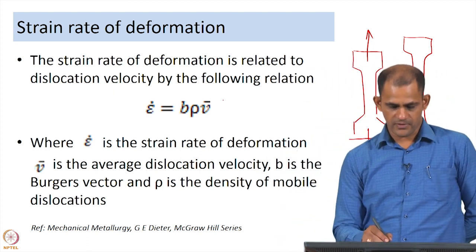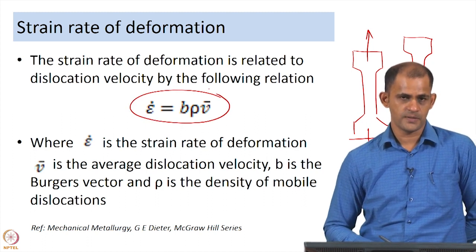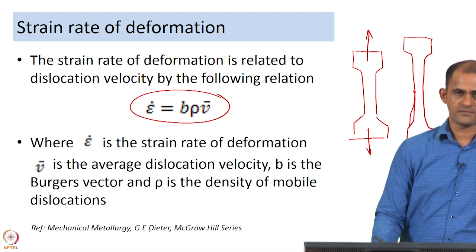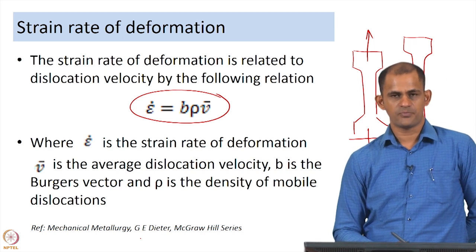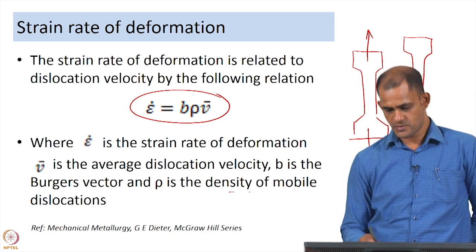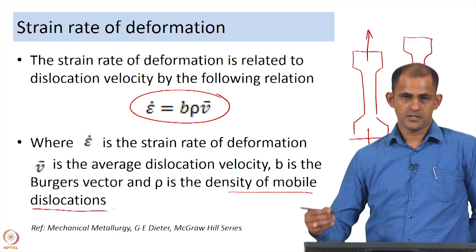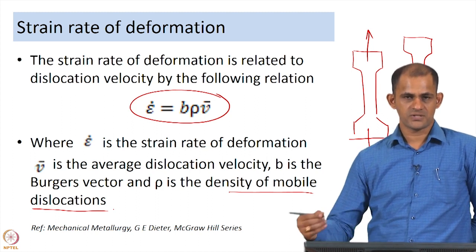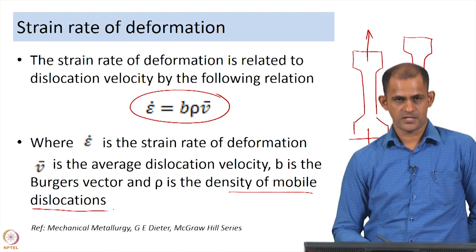The strain rate of deformation is given by the following relation: epsilon dot is equal to b rho v bar. Here v bar is the average dislocation velocity, b is the Burgers vector, and rho is the density of mobile dislocations. It is important to note this point, it is the density of mobile dislocations, because this deformation is going to happen by the motion of dislocations, and only those dislocations which are free to move will contribute towards the strain rate of deformation.